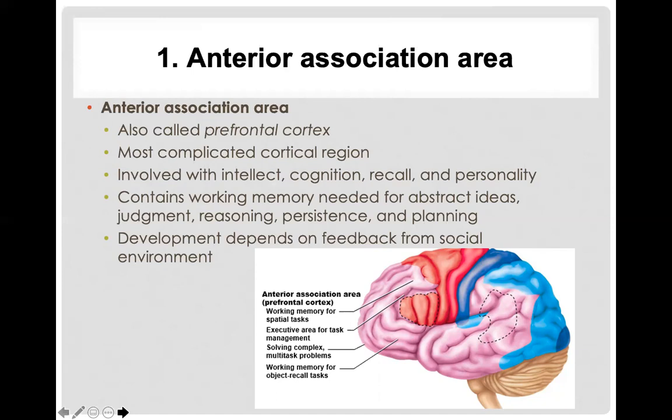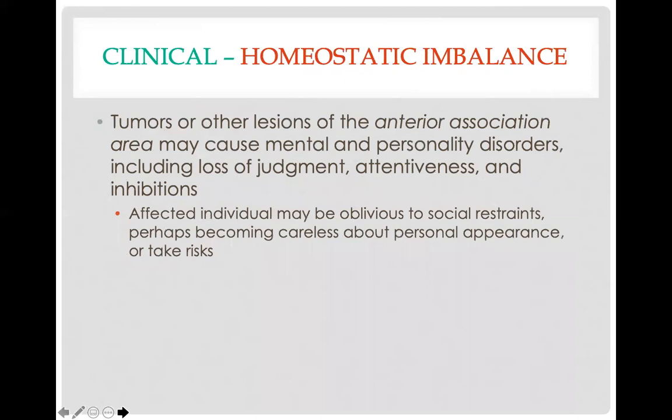So you can imagine if there is any major damage to this frontal lobe, more specifically prefrontal cortex, there would be significant changes probably in your capacity to function and act within your normal environment. In the same vein, some of the homeostatic imbalances that may be present in the anterior association area can typically cause a mental or personality disorder that can lead to loss of judgment.